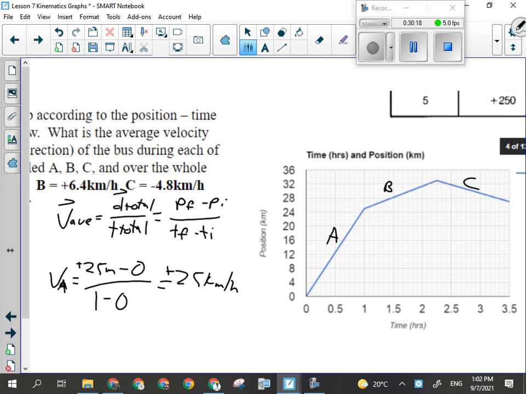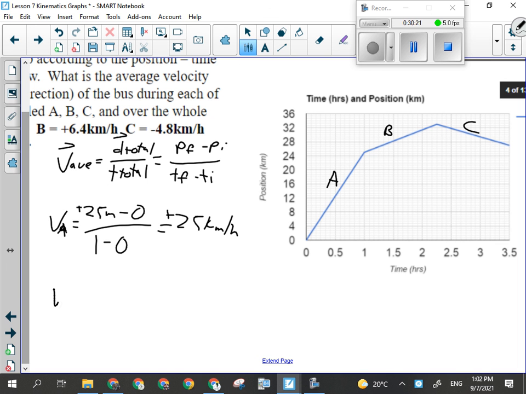I'm going to do exactly the same thing for part B. Okay, so in part B, my initial position is 25 kilometers. My final position is like 33, looks like. And that takes 1 1/4 hours, right?